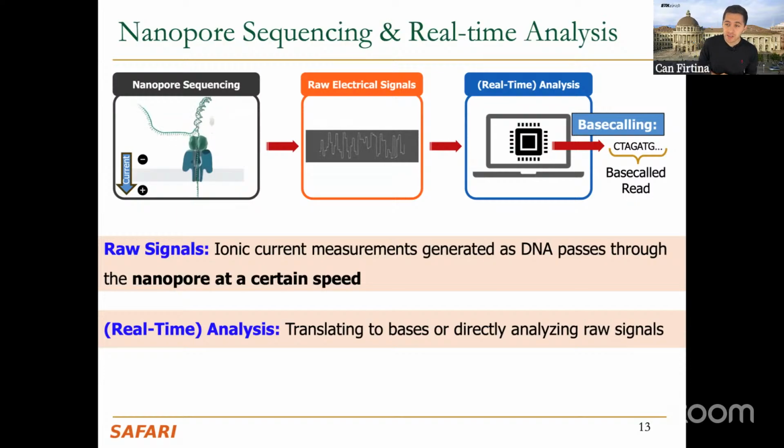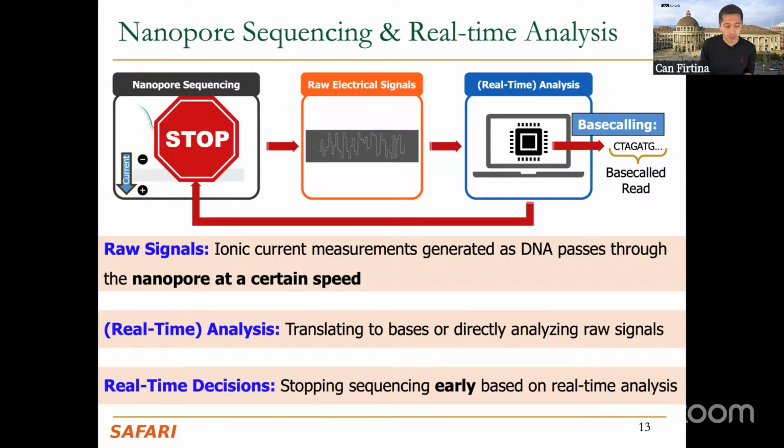Another advantage is that since this data is outputted as soon as it is available, in real time, we can also start analyzing this electrical data as soon as it is generated. This type of analysis is called real-time analysis, because we're analyzing the data as it is generated, at its data generation speed.